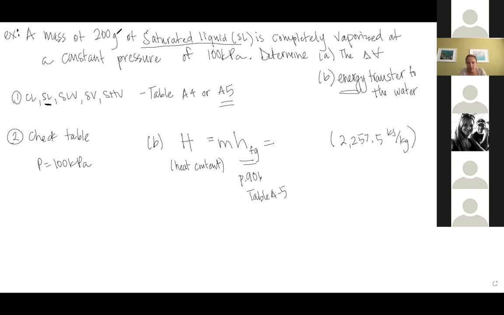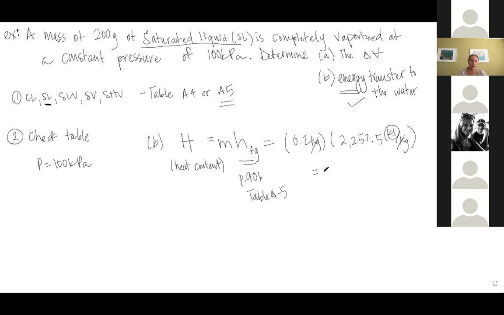Our mass is given to us here as grams. I'm just going to say, well, I know 200 grams is 0.2 kilograms. And then here the kilograms cancel out. We have kilojoules, which is an energy term, which is what we want.